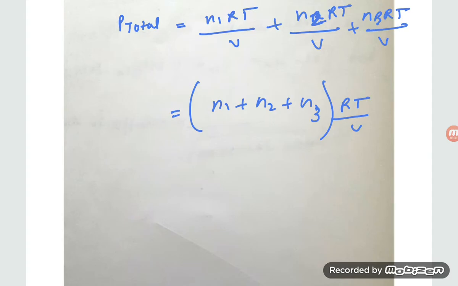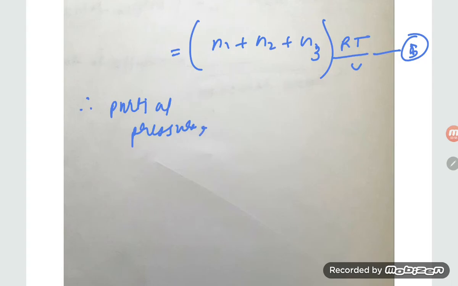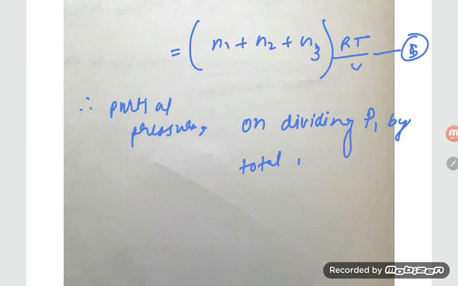So therefore, if you want to write the partial pressure, suppose this is equation number 5, on dividing Pi by P total, what do we get, students?